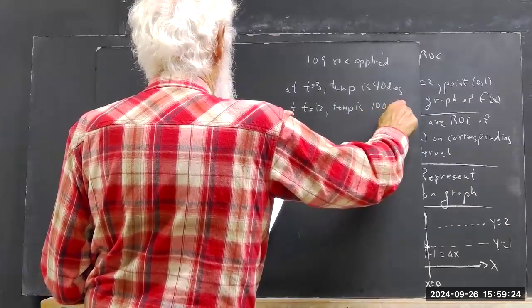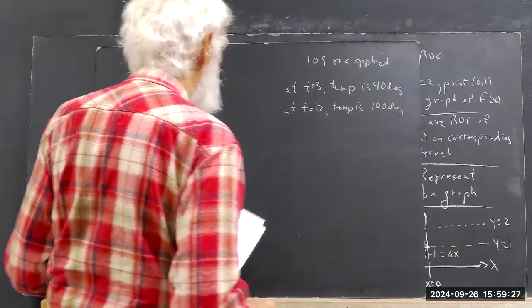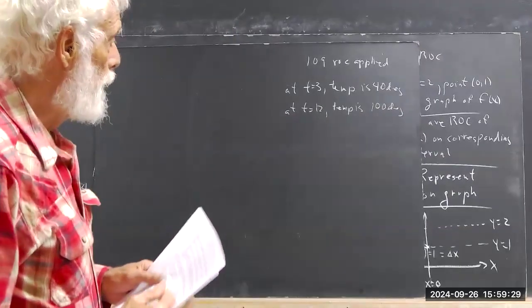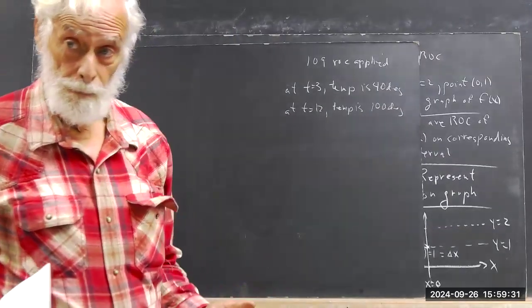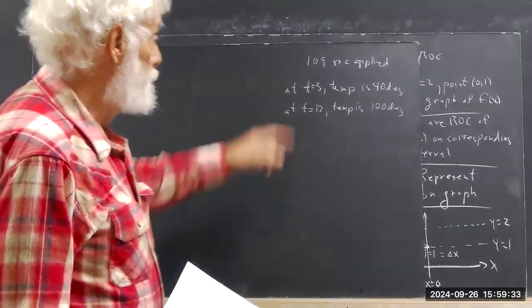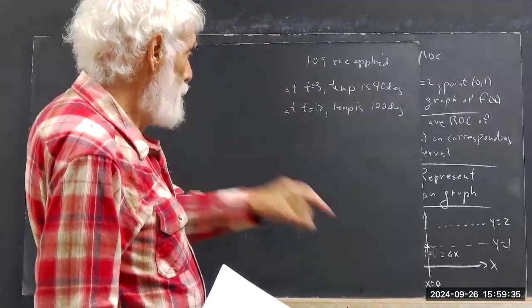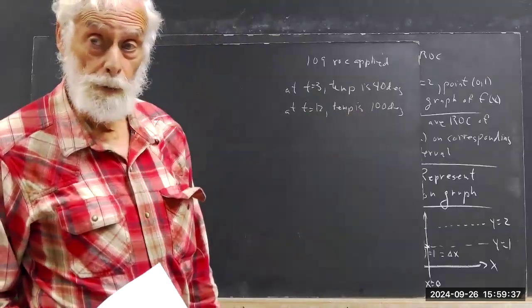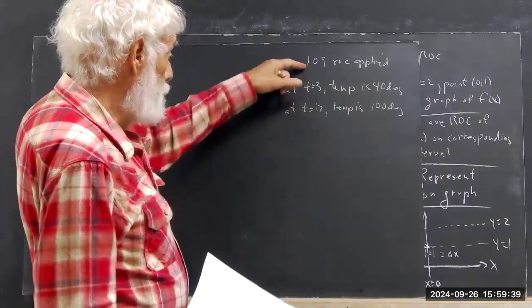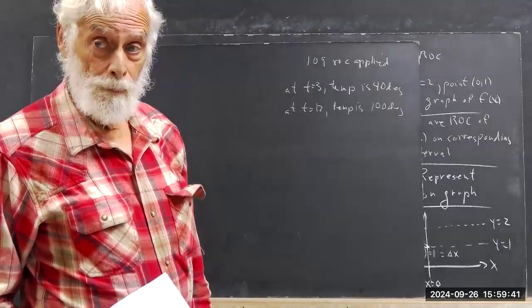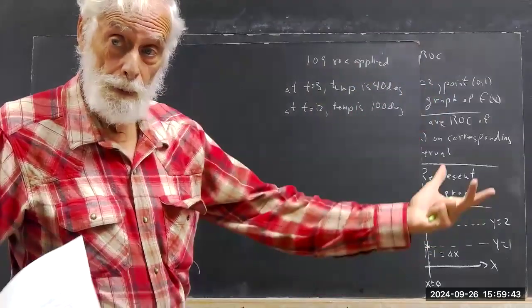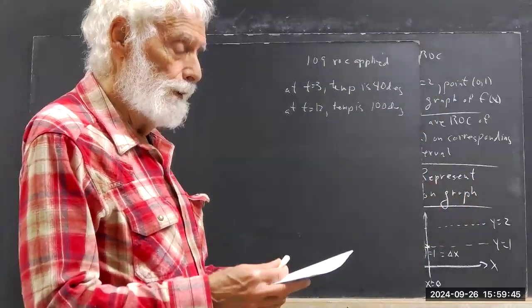When t equals 12, the temperature is 100 degrees. Now, you can find the average rate of change easily. The average rate of change of temperature with respect to time is the change of temperature, which is 60 degrees, divided by the change of time, which is 9 minutes. So 60 degrees divided by 9 minutes, and you can work that out instantly.